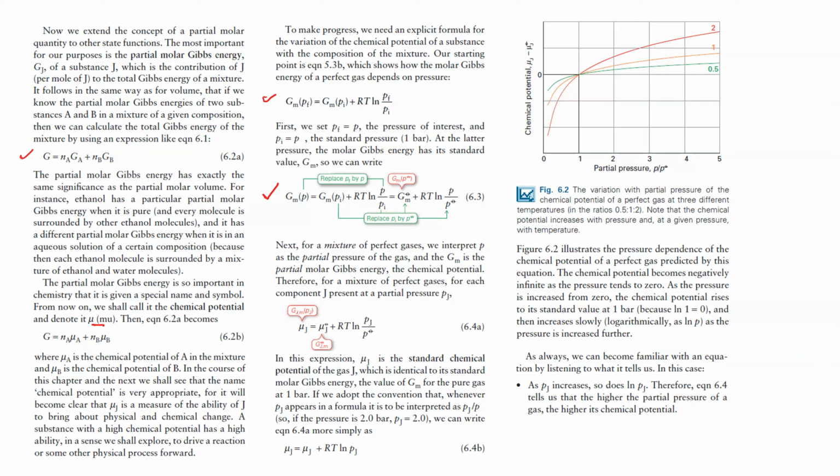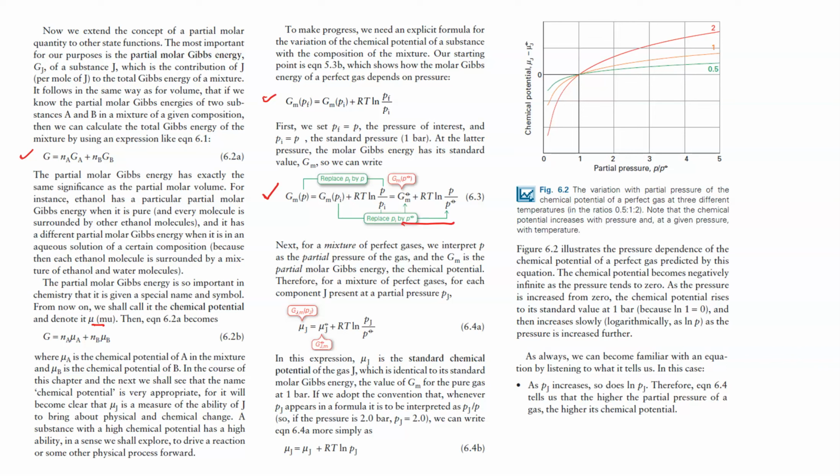G sub m at pressure P equals G sub m at P initial plus RT natural log P over P sub I, and this is equal to the following. Next, for a mixture of perfect gases, we interpret P as the partial pressure of the gas, and G sub m is the partial molar Gibbs energy, the chemical potential.